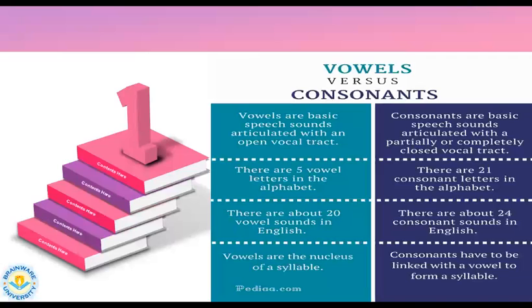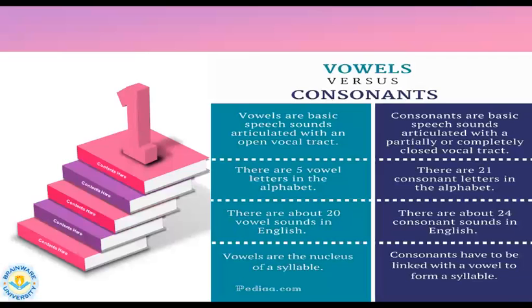We all know that A, E, I, O, U are the vowels, but these vowels represent 20 vowel sounds. So in short, if there is no sort of friction in the vocal tract while producing a speech sound, then it is a vowel sound. While producing a vowel sound, there should be no friction.